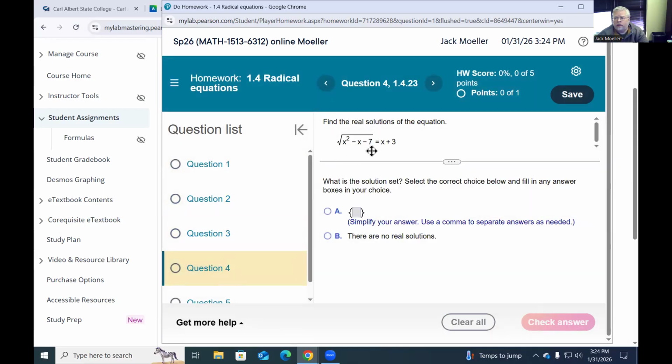I will leave you to work number 4 on your own. But the first thing you're going to do here is square both sides. The radical's already by itself. So with x plus 3, you're going to have to write that twice and FOIL it out, just like we did with the x plus 6 in that last example. But once you square it out and get rid of the square root on this side, you're going to have an x squared on both sides.